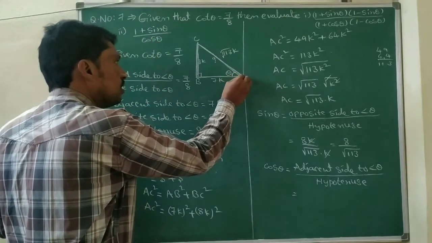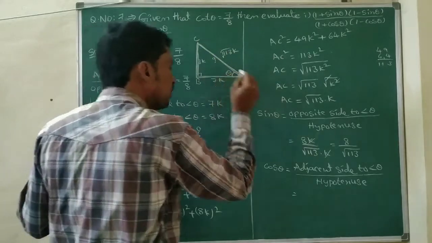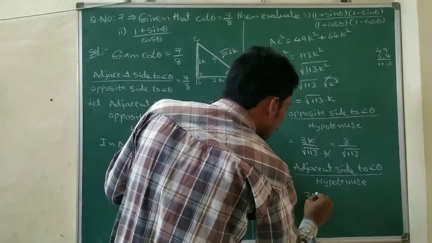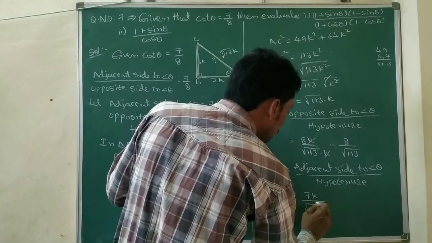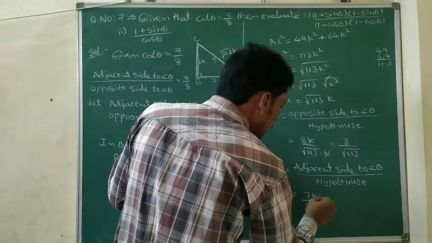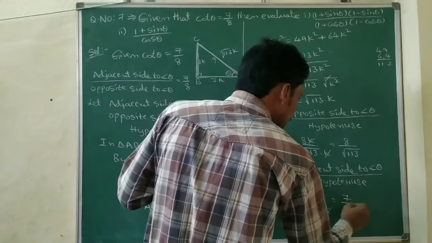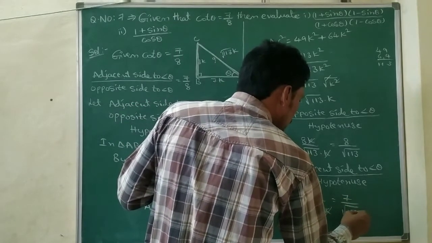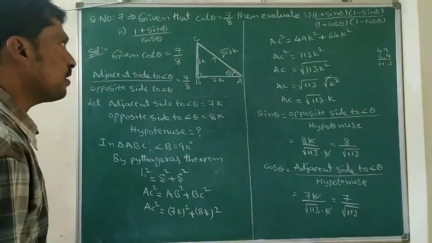This is the theta, means AB is the adjacent, hypotenuse is AC, means 7k by under root 113 into k. K and k get cancelled, what is remaining here? 7 by under root 113. This is the cos theta and sin theta value, we got it.